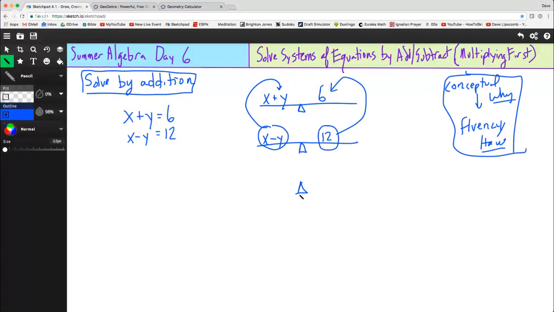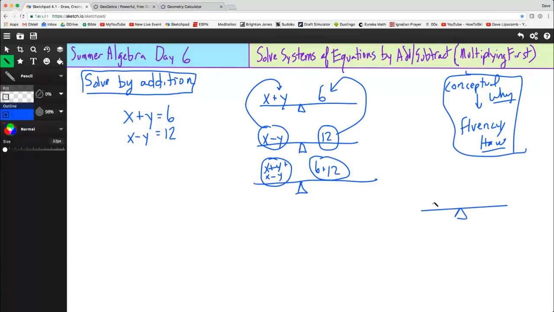I should still have an equality, right? So if I take x plus y and x minus y and add those together, and I have a 6 plus a 12, if I add the right side together and I add the left side together, everything should still balance, right?